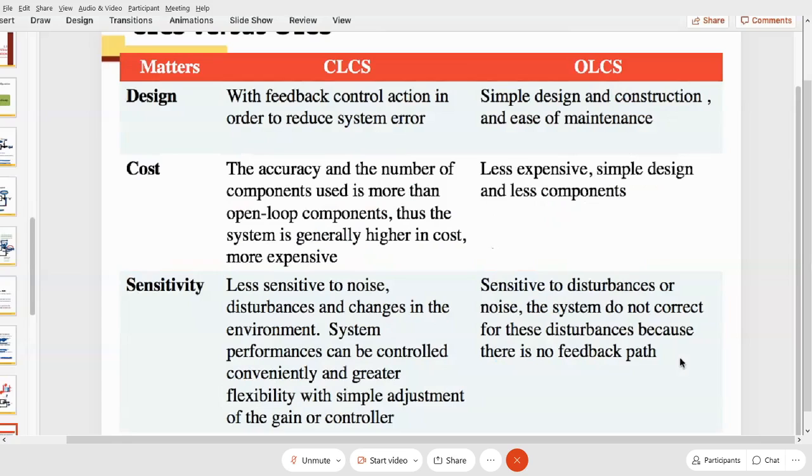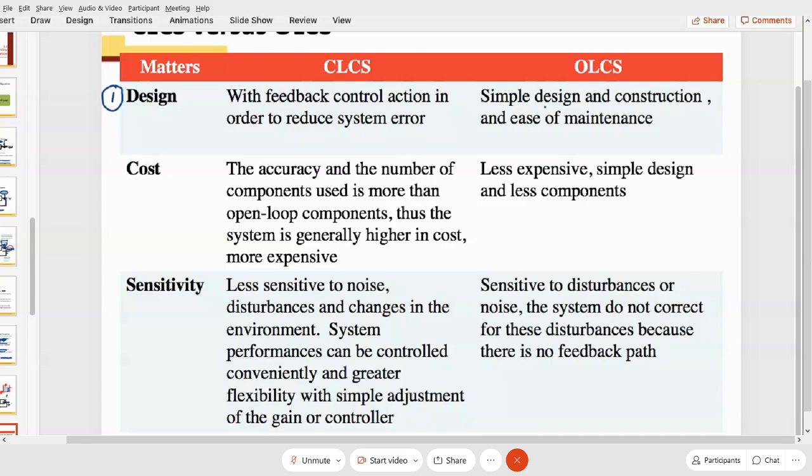If you compare the open loop control system and closed loop control system, you can compare in terms of design. In terms of design, closed loop has feedback control and needs more components, so the design may be complex. Open loop may be very simple.